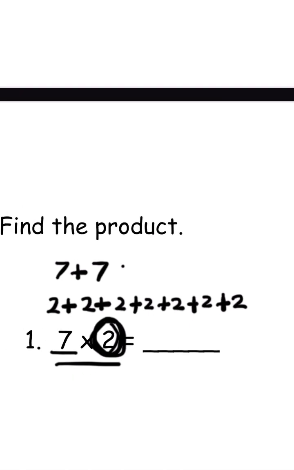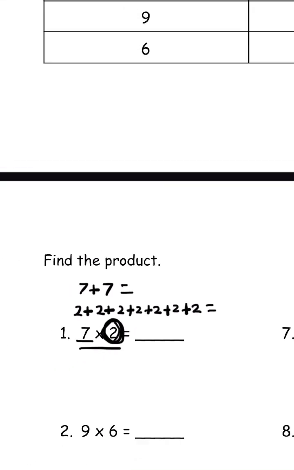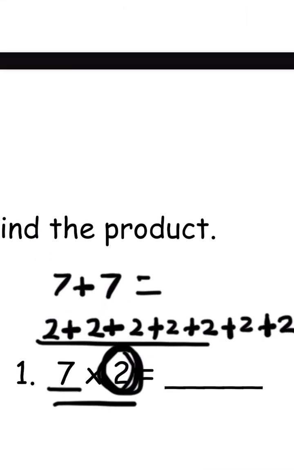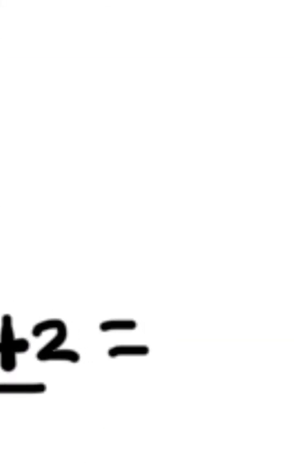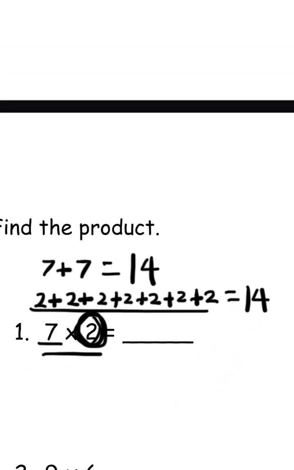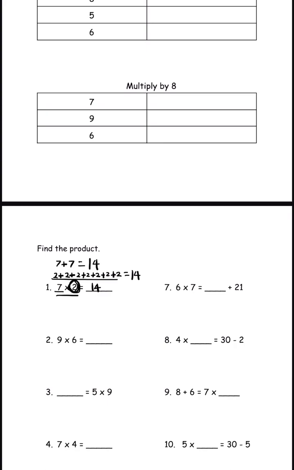They're going to give us the same answer. So 7 plus 7, or 2 seven times, is going to give us 14. So 14 is going to be the answer for number 1.